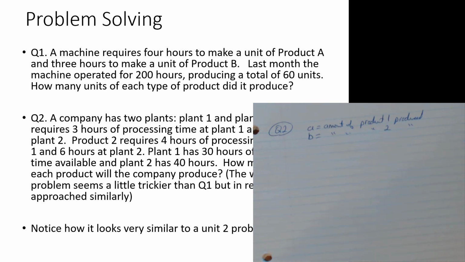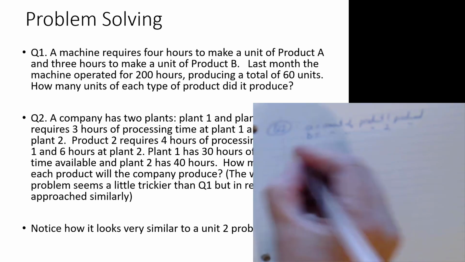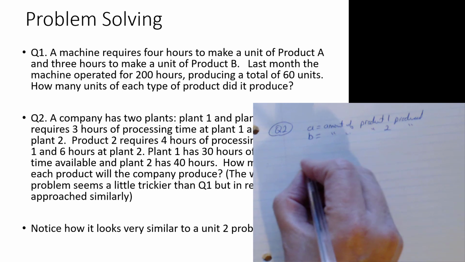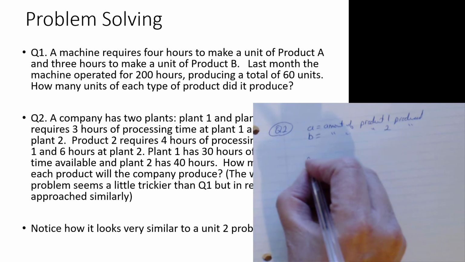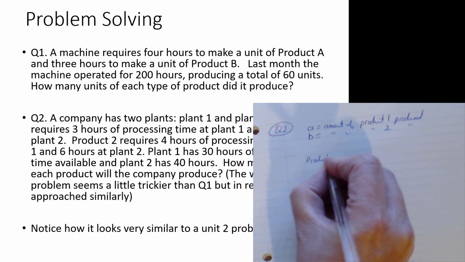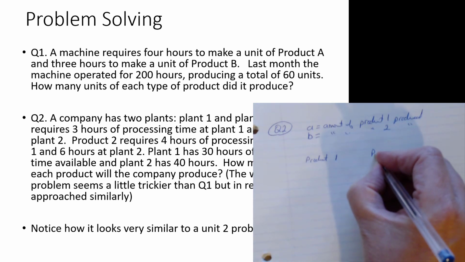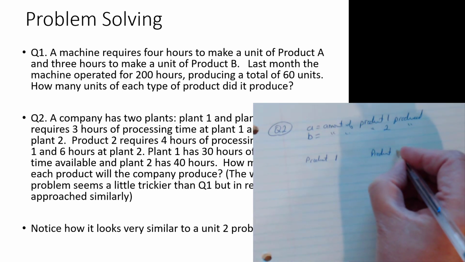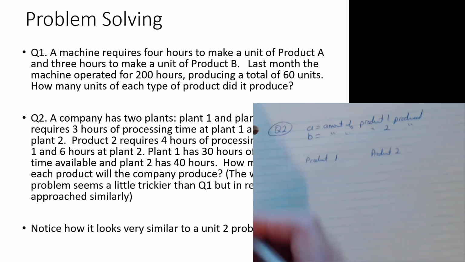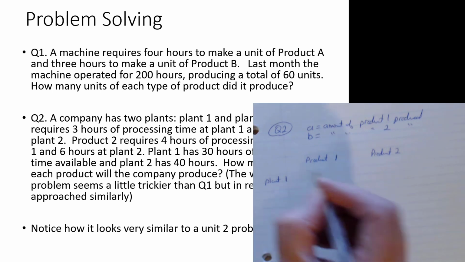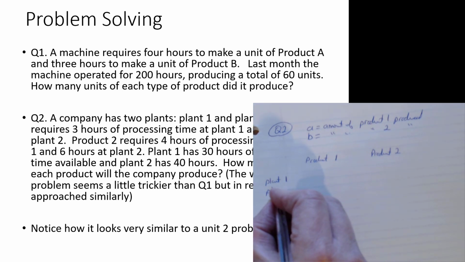So I am going to arrange things in sort of a matrix fashion, only because it's going to become kind of important later on. I think of my product 1 and my product 2 that I'm producing. Now, where am I producing this? I'm producing this in the plant, and I'm producing it in another plant.